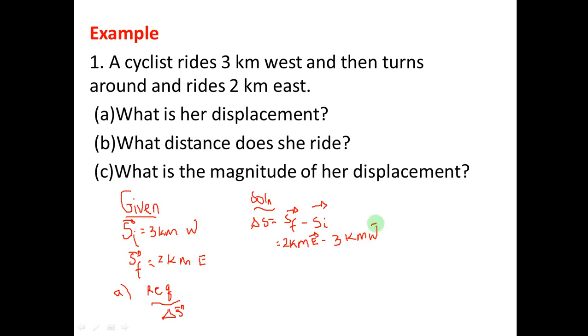To the west, you can put an arrow again. So what will be the result here? The result is minus 1 kilometer.